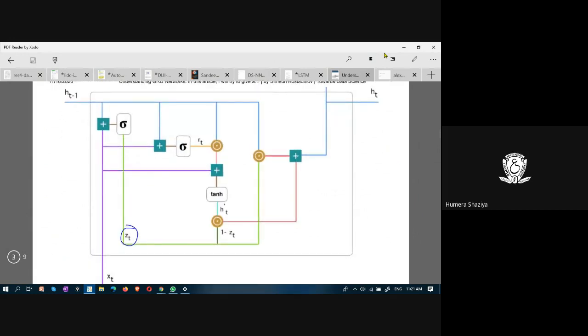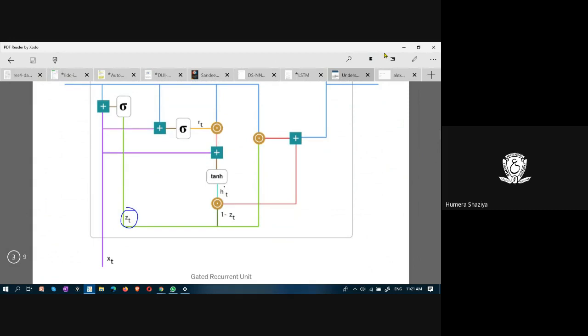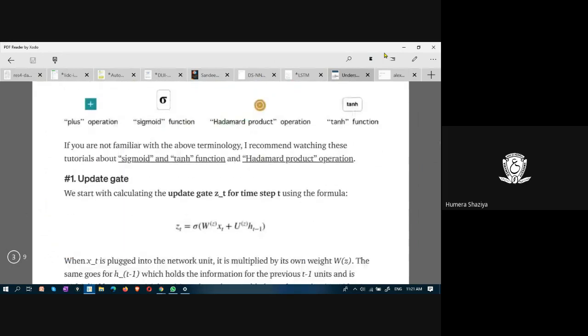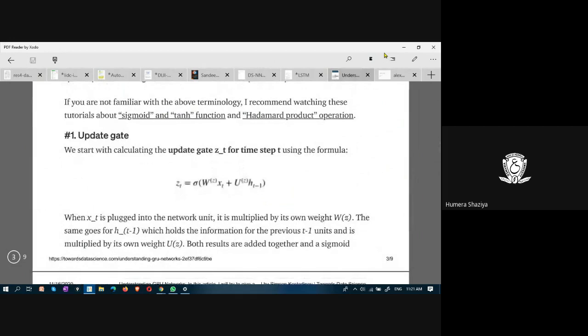You are getting ZT by performing this sigmoid operation on this xt into w. Means there is a weight associated, and h also has a weight associated. With ht minus 1 also there is a weight, with xt also there is a weight. Every connection in a neural network has a weight.